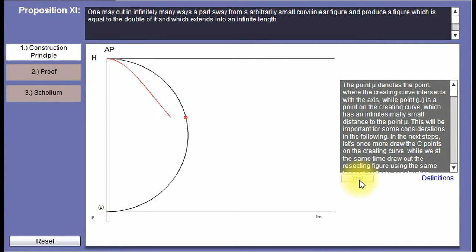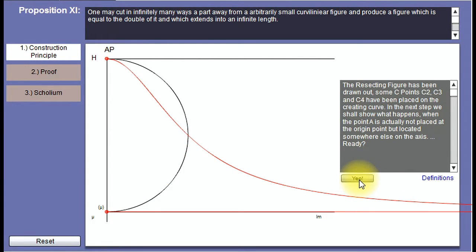First of all, now let's draw out the resecting curve and the principle of how it comes about. We dealt with this in propositions 6, 7, and 8, and we're not going to go into the details. If you want to know how a resecting curve is created, I advise you to watch propositions 6, 7 and 8.